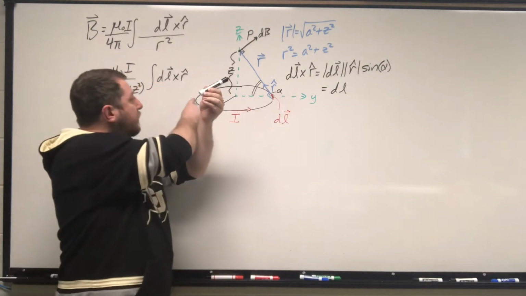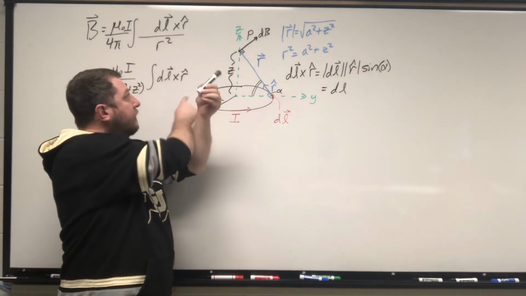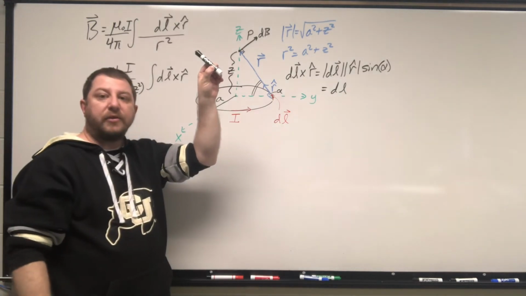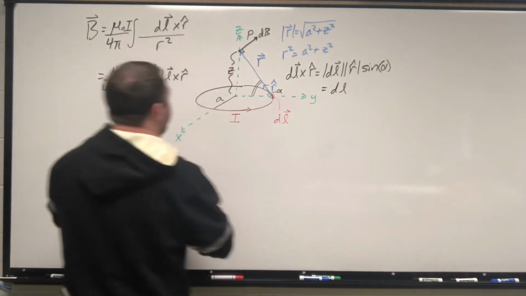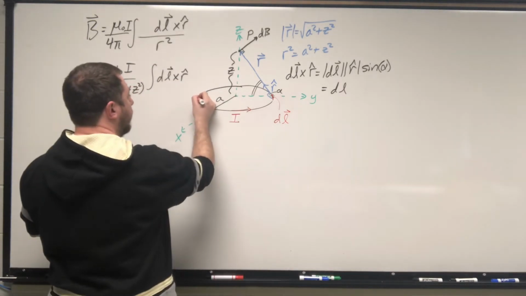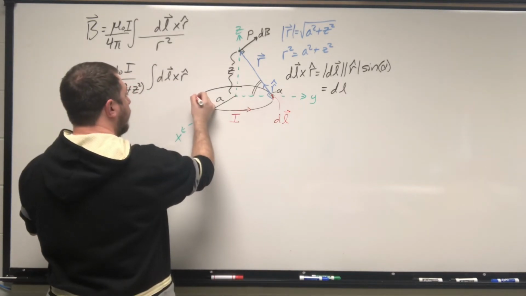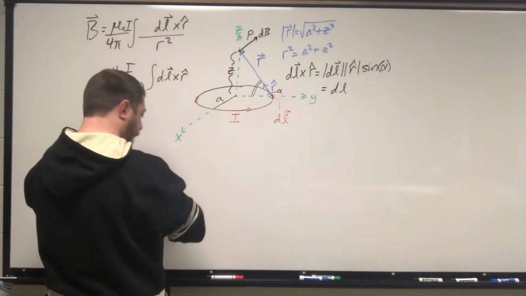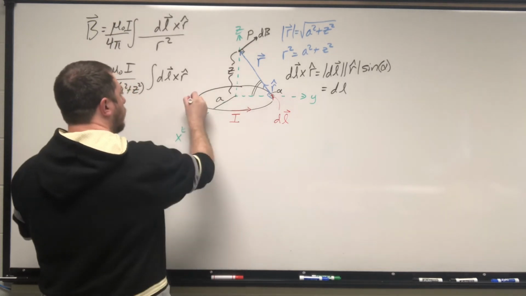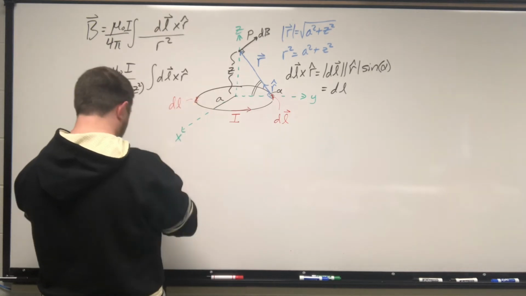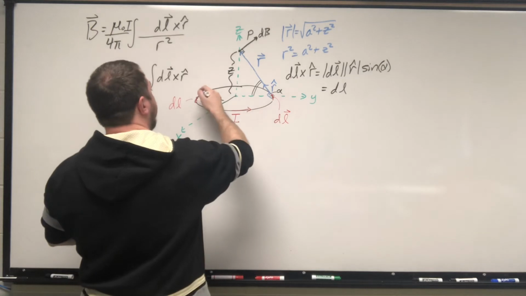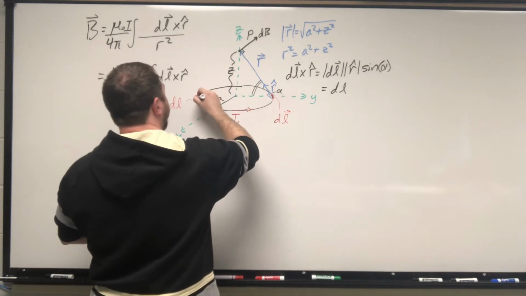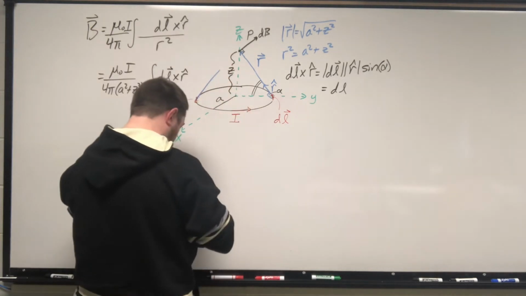But if I looked at a contribution from this side, I would be pointing in this direction, right? So if I do the exact same thing and look at a similar dl over here, and now remember dl is pointed in this direction, and I do the exact same thing, draw the exact same r vector here.